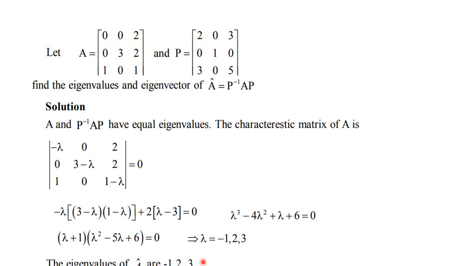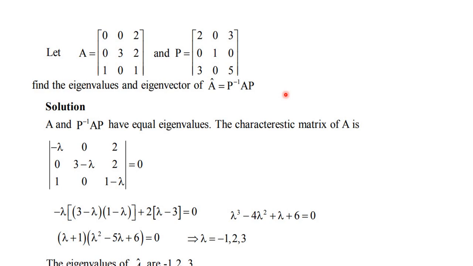Then the eigenvalues of A cap are also minus 1, 2, 3, since the eigenvalues of A and A cap are equal. Okay. Now we have to find the eigenvectors for A cap.